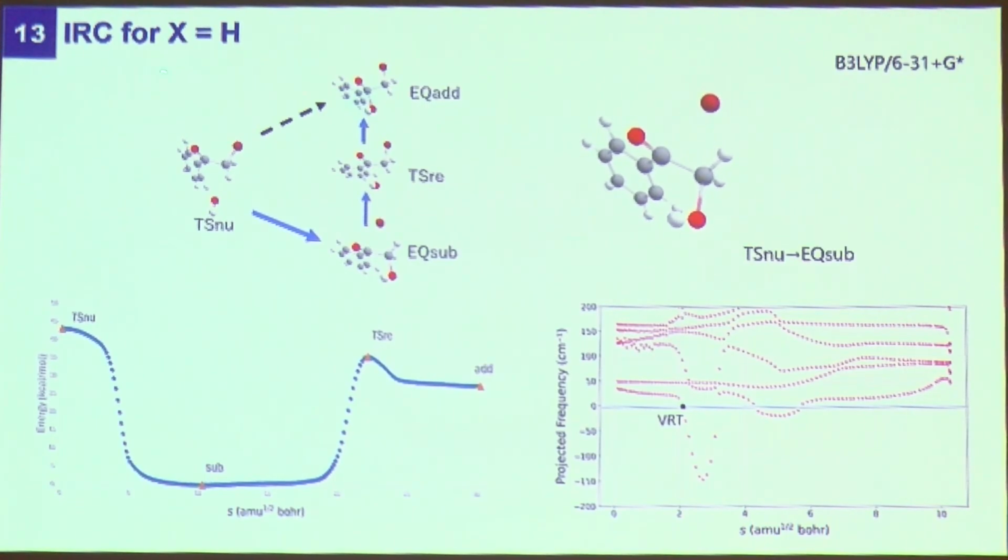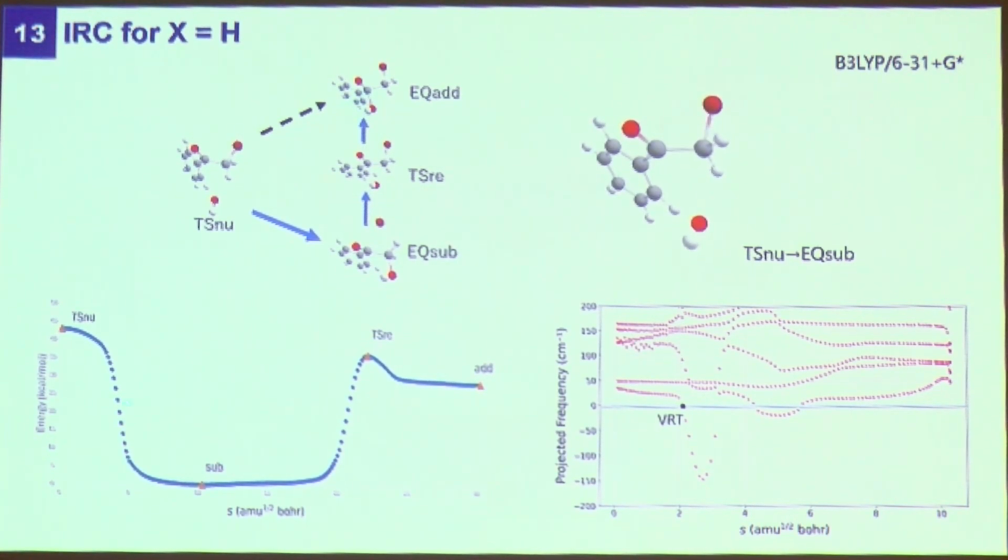And in the case of X equal H, hydrogen, the IRC is connected to EQ sub. So starting from this transition state, the energy goes down and it leads to here. Then this product is connected to EQ add through this transition state.